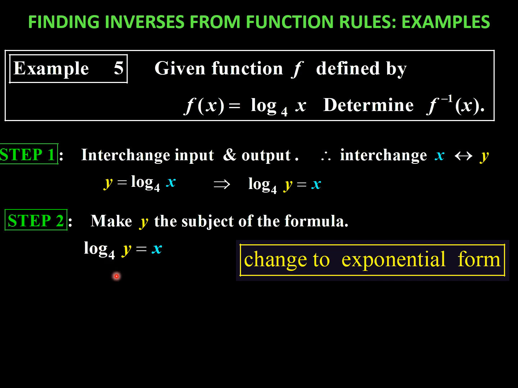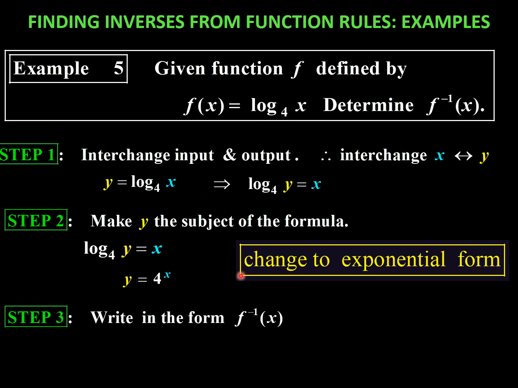What's the base here? 4. So the exponent will have the same base, and that just becomes y equal to 4 to the x. Actually, you can go directly from there to there. You don't have to do all these steps in between. Okay, so let's write it in the required form. And now let's just see. You have a logarithm, and you just have to change it to exponent there.